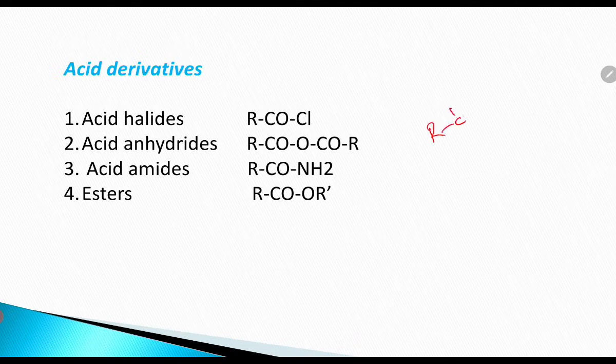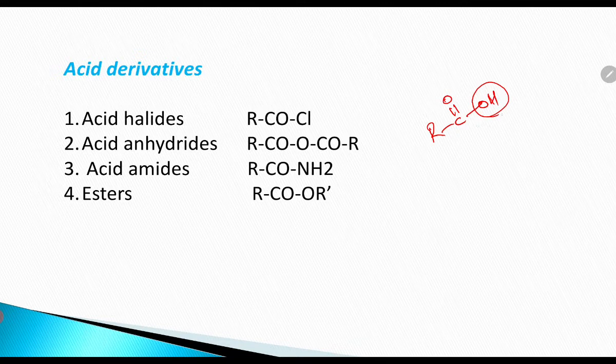We know that the general formula of carboxylic acids is RCOOH. If this OH group is replaced with other active groups, they give rise to different products, and they are called acid derivatives.